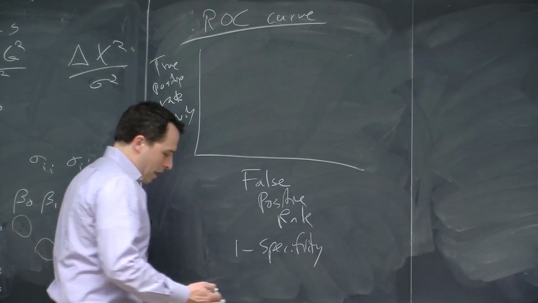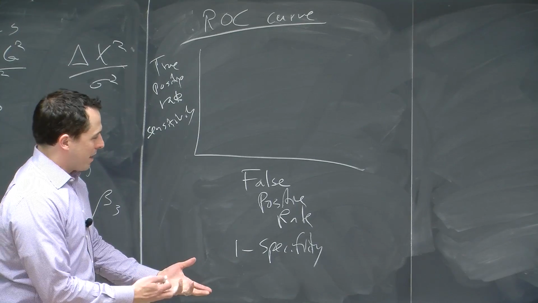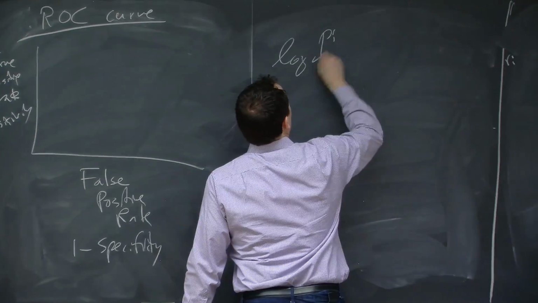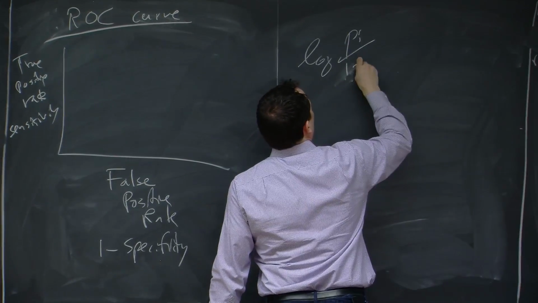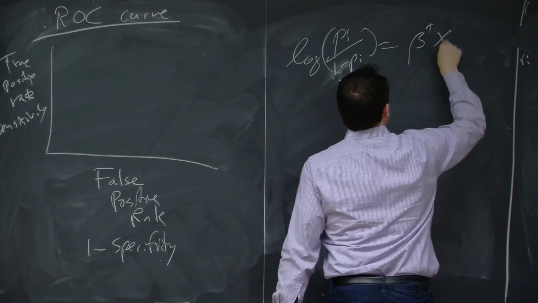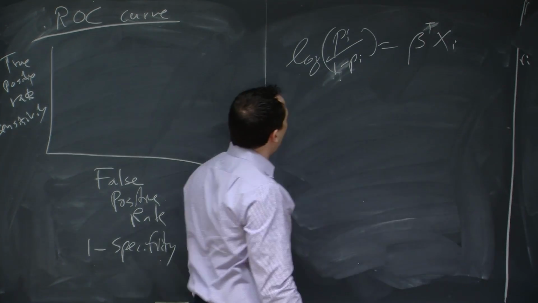And what you think about is you take all of these factors that I plug into my logistic regression, and what happens at the end, I have case i, and I get log(pi / (1 - pi)) equal to some linear function of the inputs, of the things that I've observed.